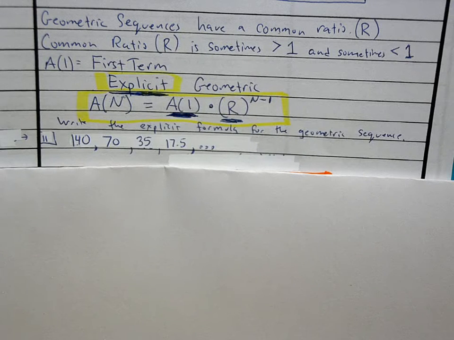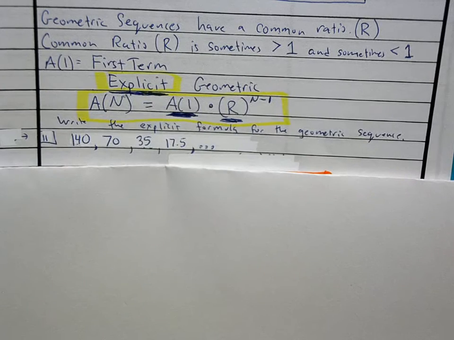Number 11 says 140, 70, 35, 17.5. And I want to show you something on number 11 because it is slightly difficult for one reason, but let's go ahead and do this.